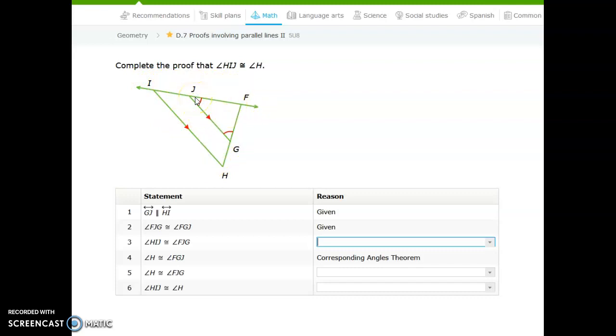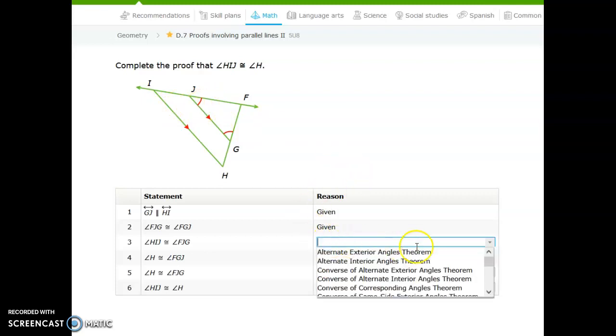Okay, we know these are parallel lines, so what we need to do is identify what type of pair of angles these are. HIJ and FJG. So this angle and this angle. Okay, they are corresponding angles. Whenever we have corresponding angles with parallel lines, we know that those two angles are congruent. So the reason they're congruent is the corresponding angles theorem.